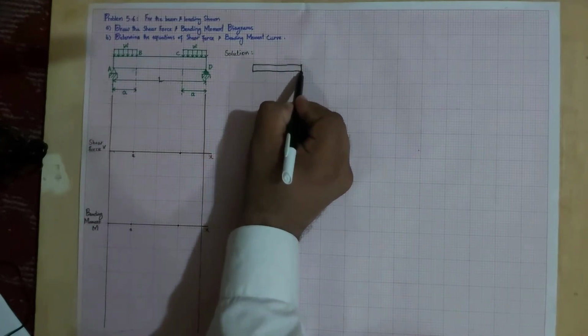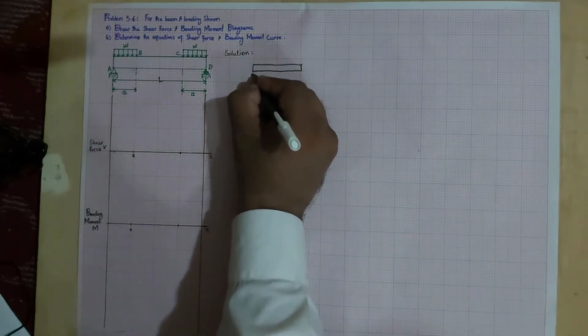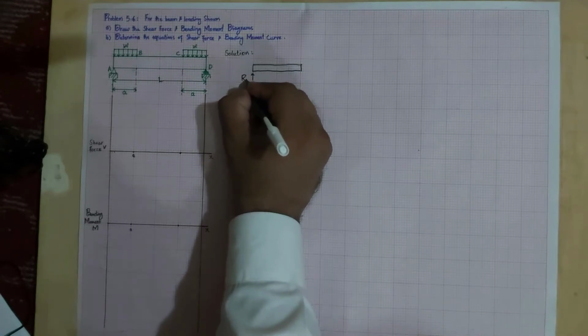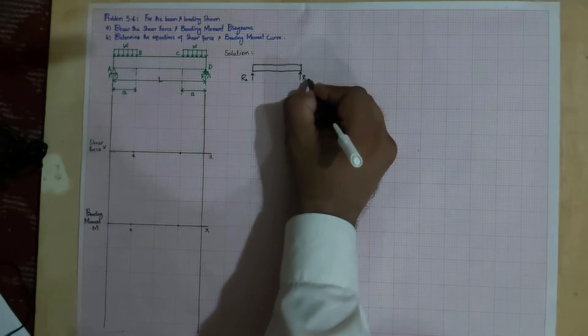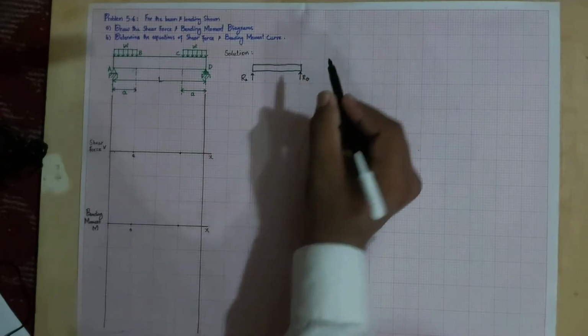For example, this is the beam. There will be a reaction force represented as RA, and the reaction force at point D is RD.